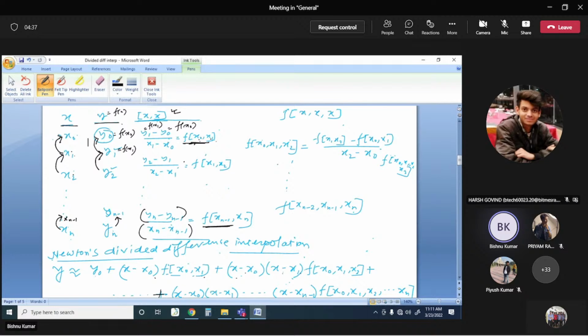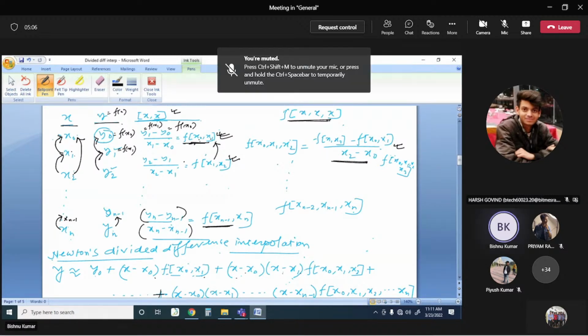After getting the first divided difference column, again subtract this value from here and divide by x2 minus x0, this formula. Then subtract this one from here, divide by x2 minus x0. That is the first value of the second difference.